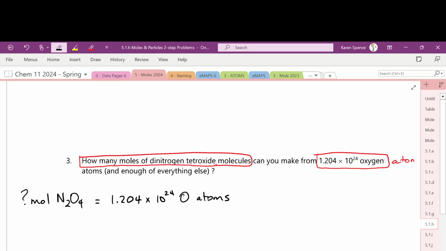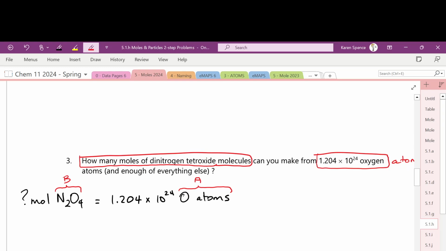Can I do this in one step? Is there any way to go from particles of O to moles of N2O4? Remember, this is particle A, and this is particle B. So we have 2 different types of particles.